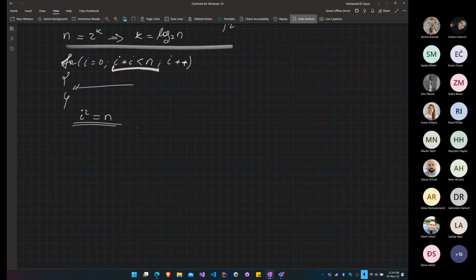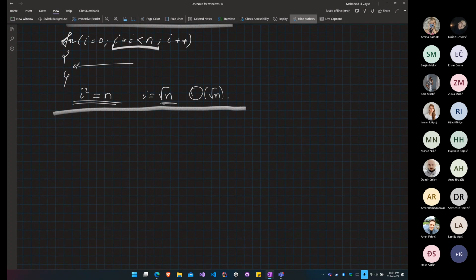If you want to know the complexity of it, it's going to be i equals square root of n. So this function is going to have an order of square root of n. That's one way of calculating this.